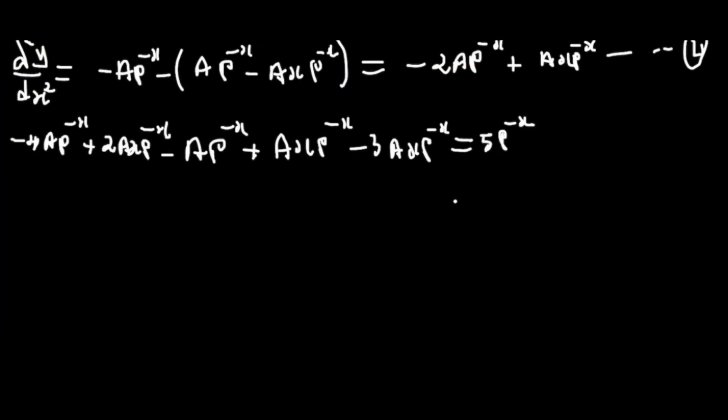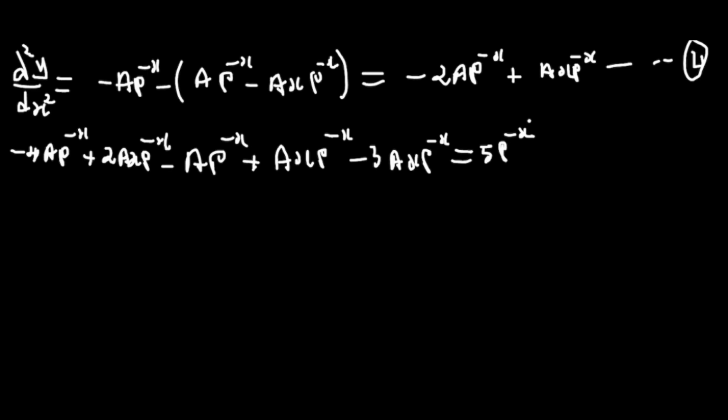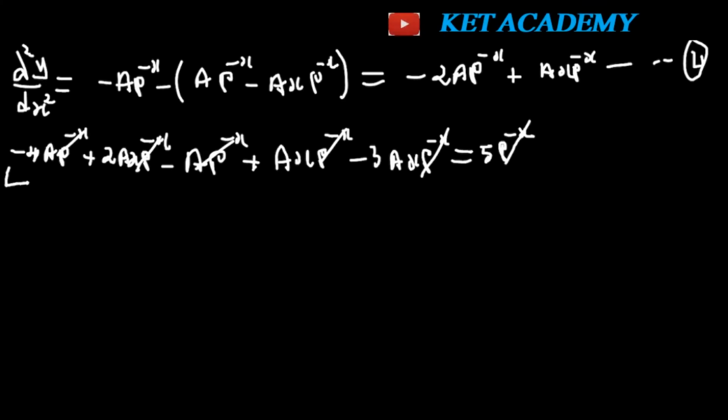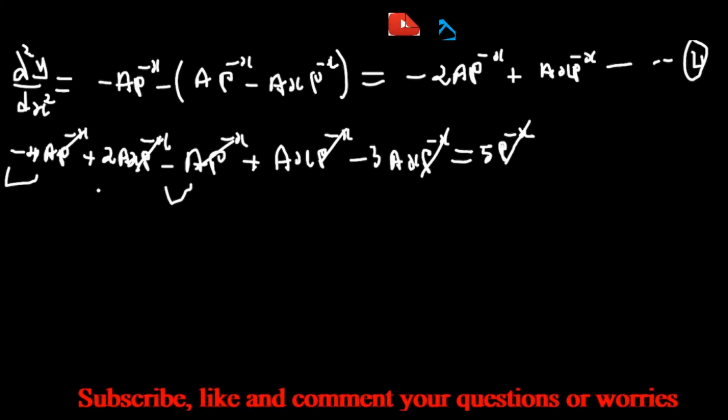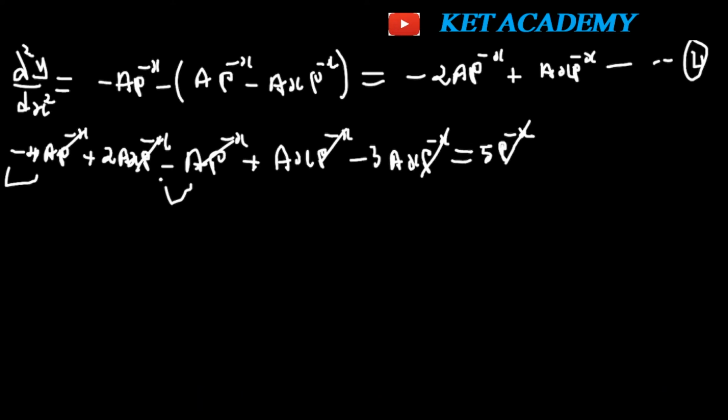Now if we cancel, we see that e to the minus x is common all through, so we are going to cancel it. On our right hand side we have a constant 5, so we are going to compare our coefficients. This and that will give us minus 5a.